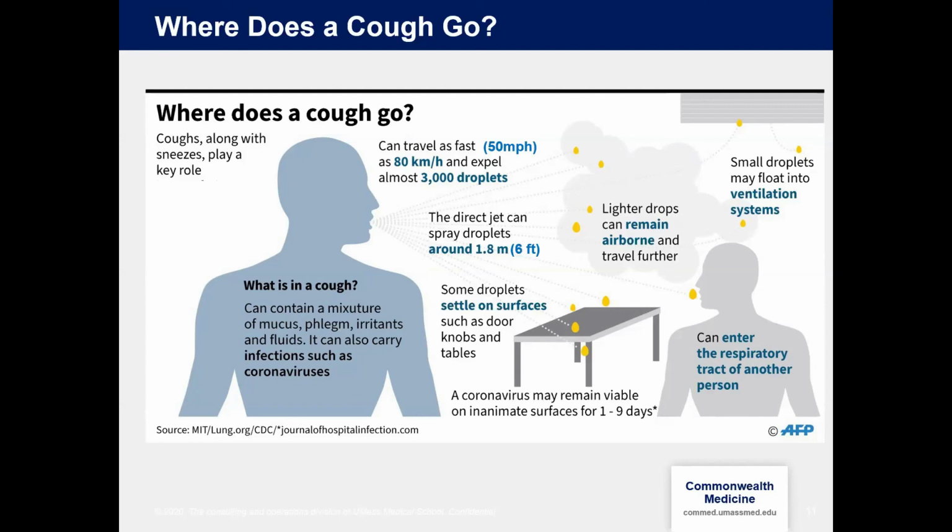Some droplets will settle and land on your surfaces, such as doorknobs and tables, and they can stay viable on inanimate surfaces anywhere from 1 to 9 days. The lighter droplets then become airborne, and they travel faster, and they can move into somebody else's respiratory system or get up into ventilation systems.